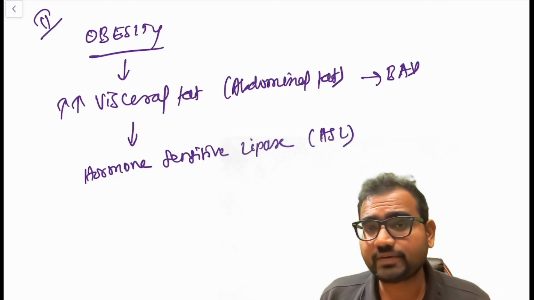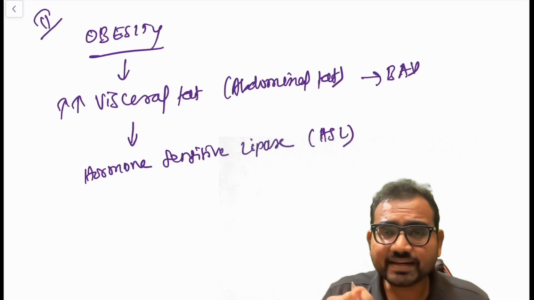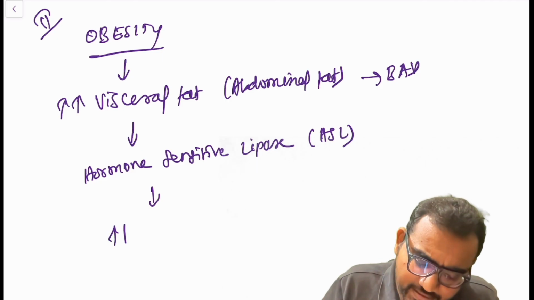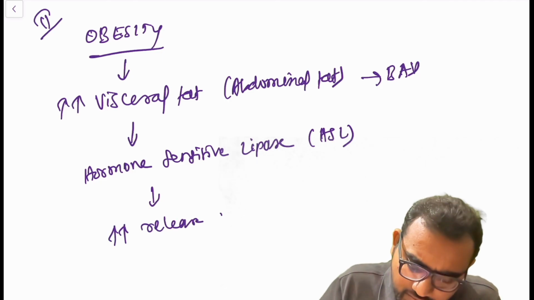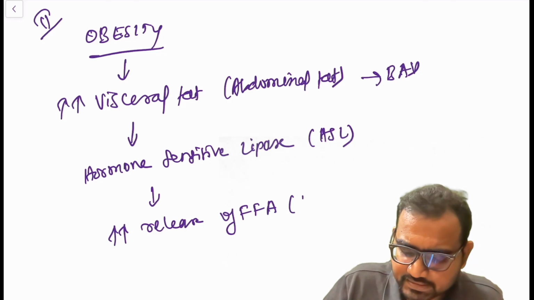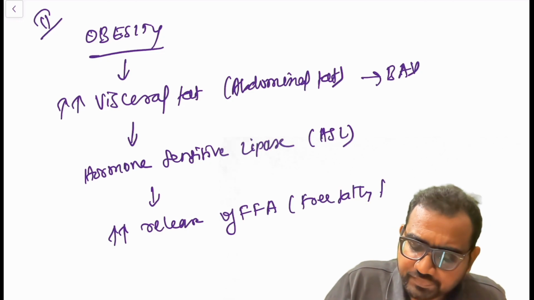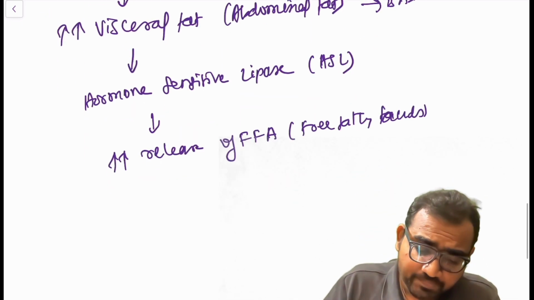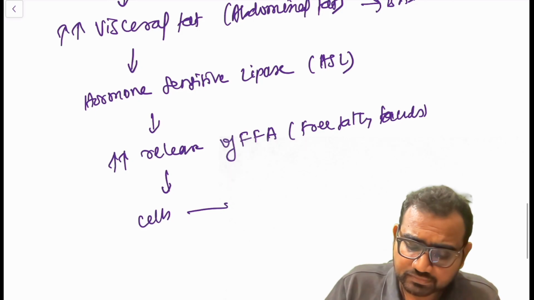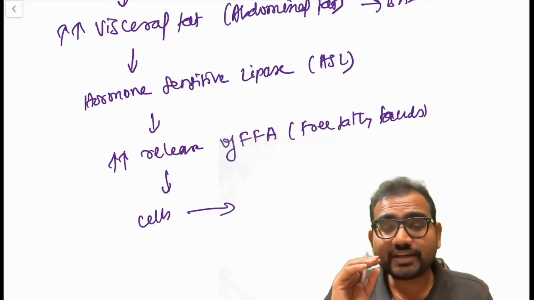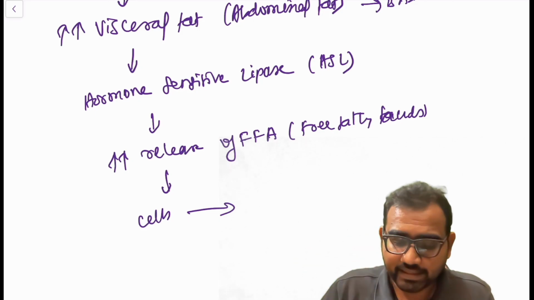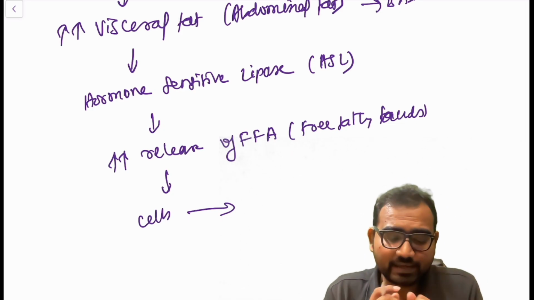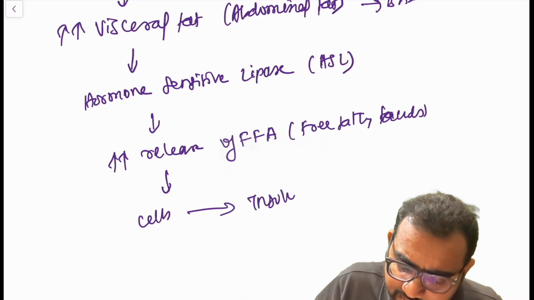This hormone sensitive lipase is going to result in increased breakdown of fat as fatty acids. So there's going to be increased release of free fatty acids. These free fatty acids released by the hormone sensitive lipase enter the cells, and that is going to result in impaired insulin signaling. The insulin signaling is modified.